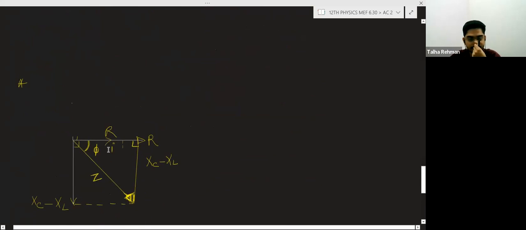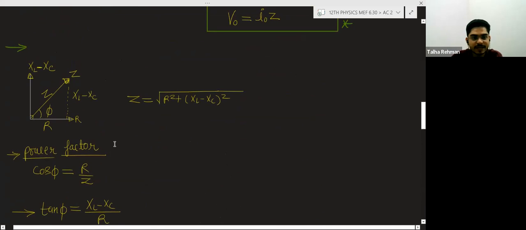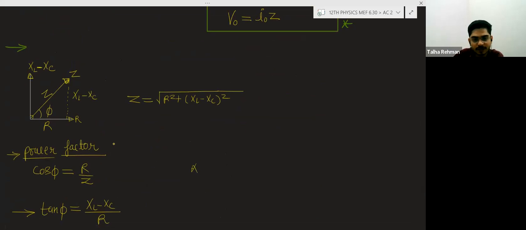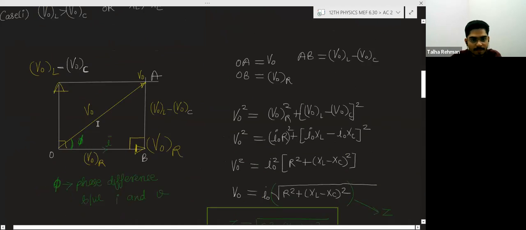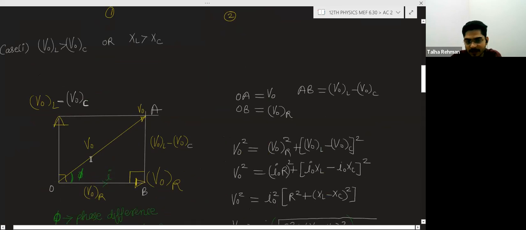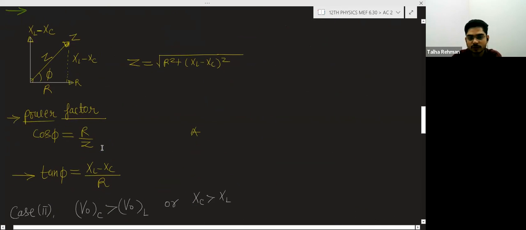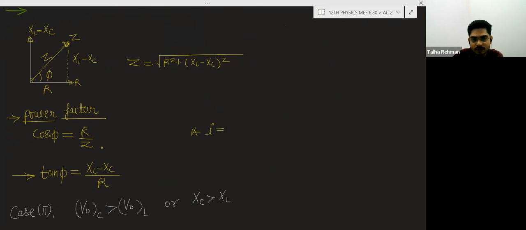See, phi is the phase difference between the current and the resultant voltage. Phase difference can be 30 degree, 45 degree, 60 degree.